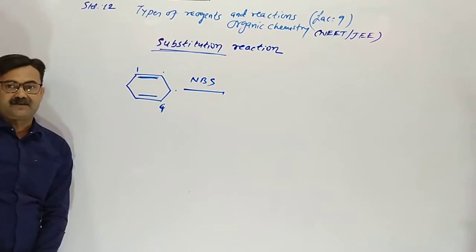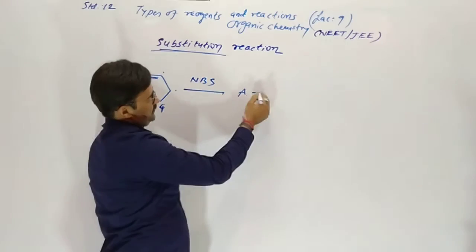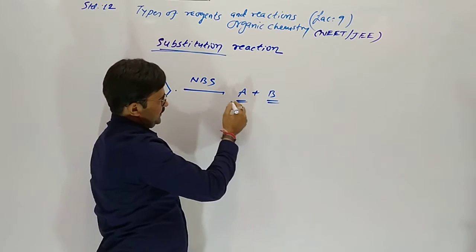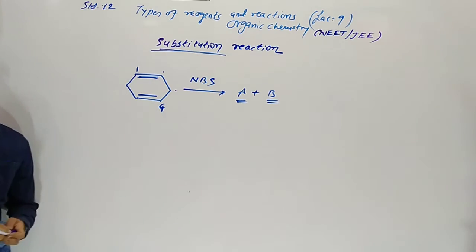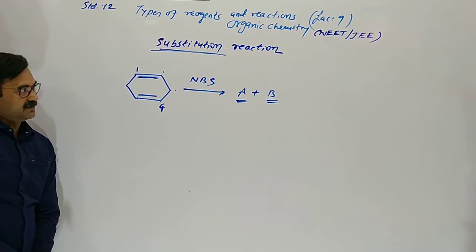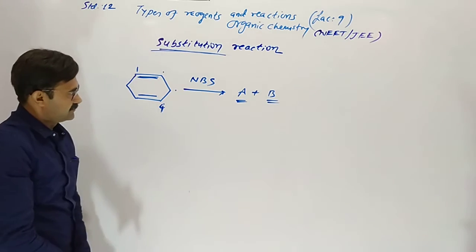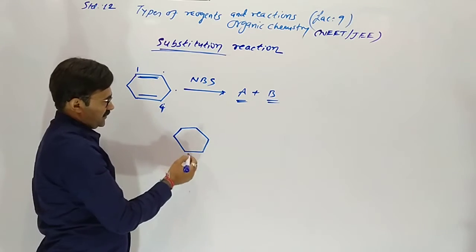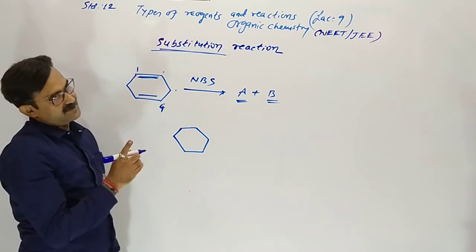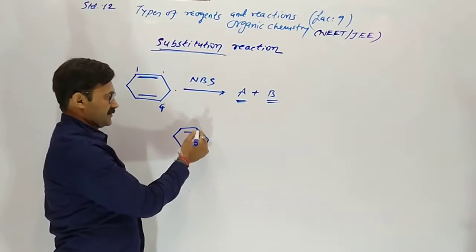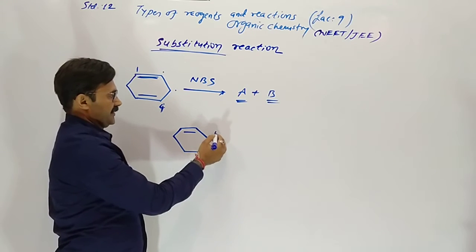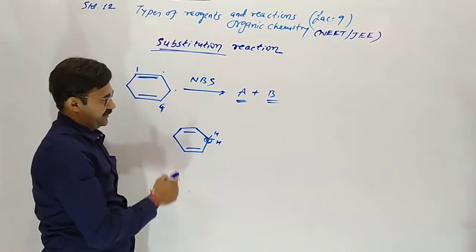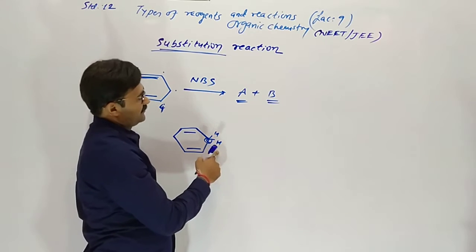It reacts with NBS and gives products A and B. Find out our products A and B. Here you can see this compound. First we have to check which is allylic. Yes, double bond, single bond, and there is hydrogen. This is the allylic carbon, and there is hydrogen.